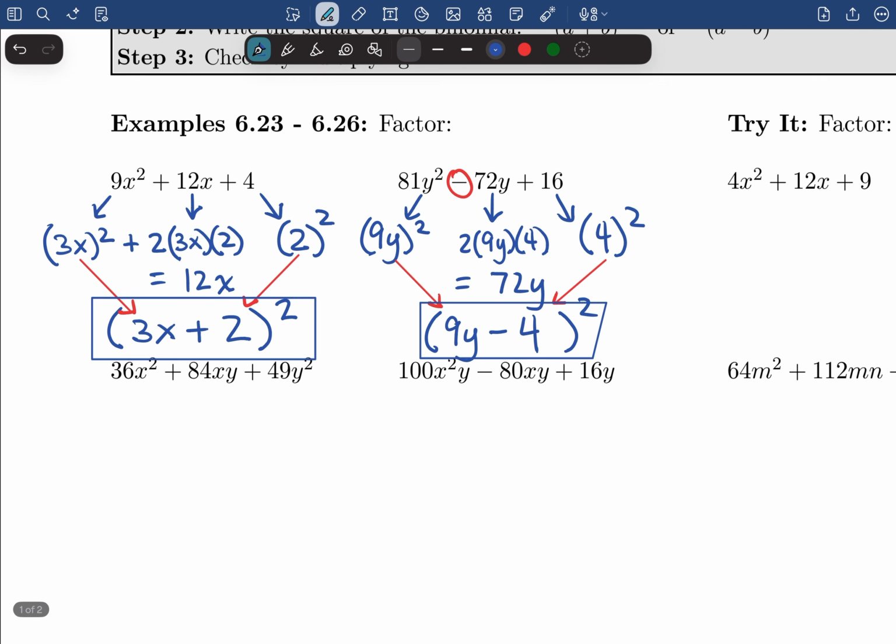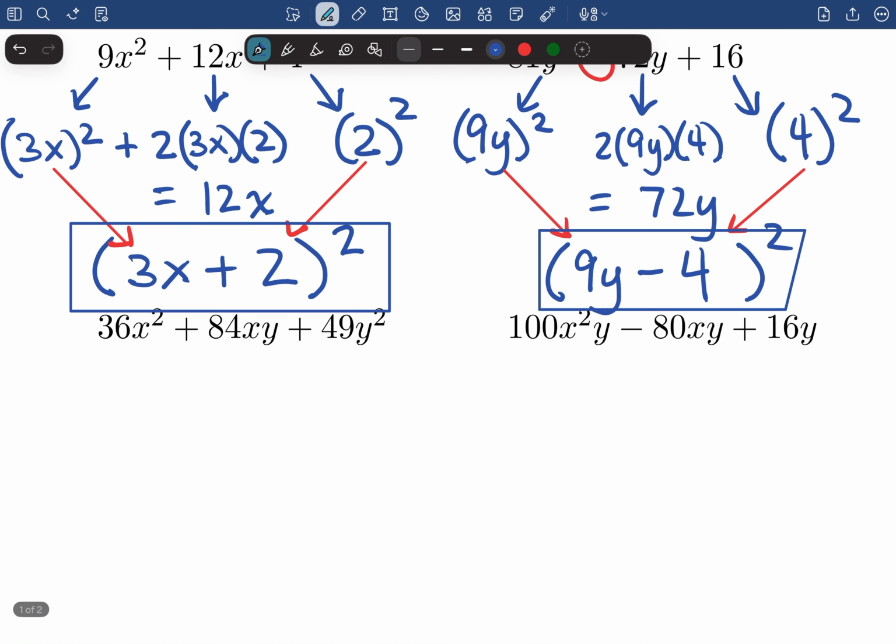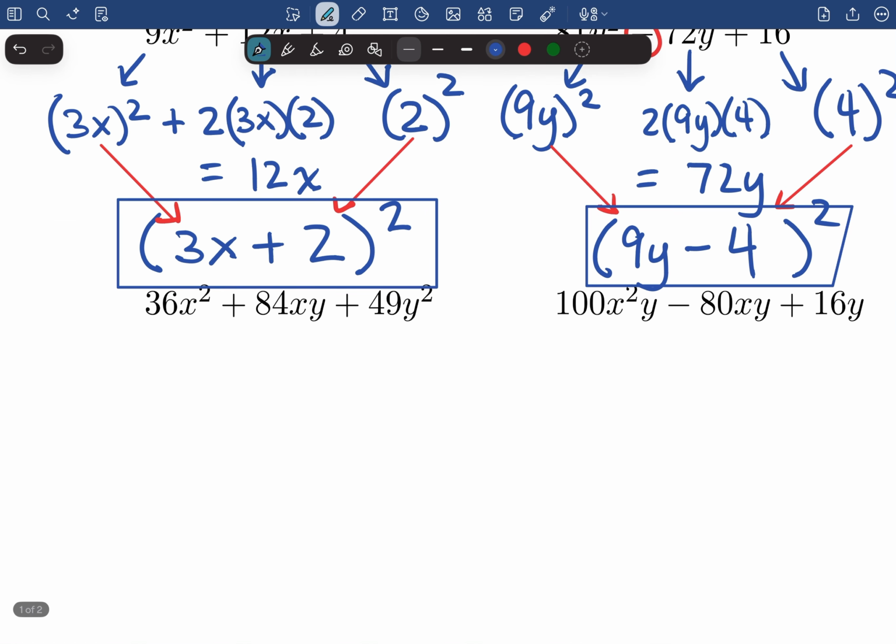All right, well, let's try another. I see 36x squared plus 84xy plus 49y squared. And so when I look at this, I look at the first term and the last term. And 36 is 6 squared. So I could write 36x squared as 6x and then take that and square it.